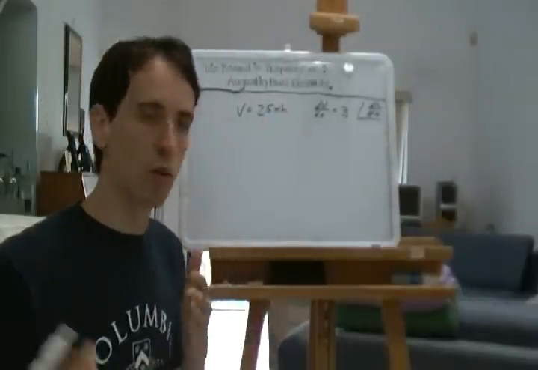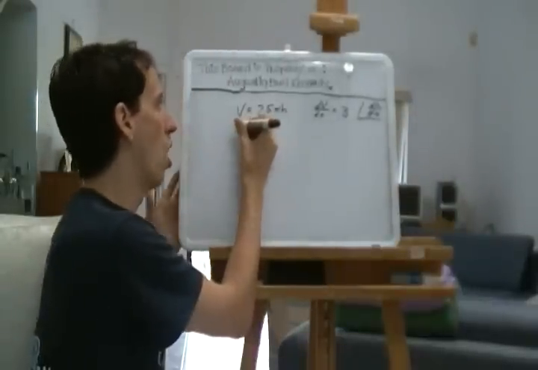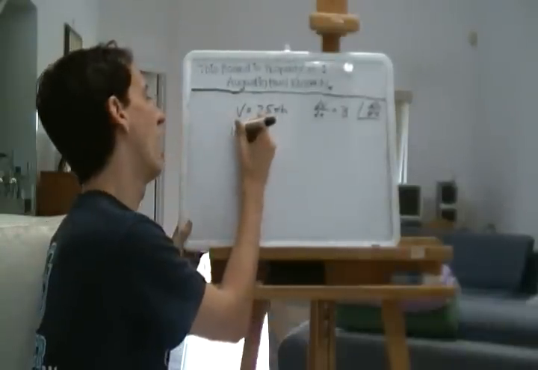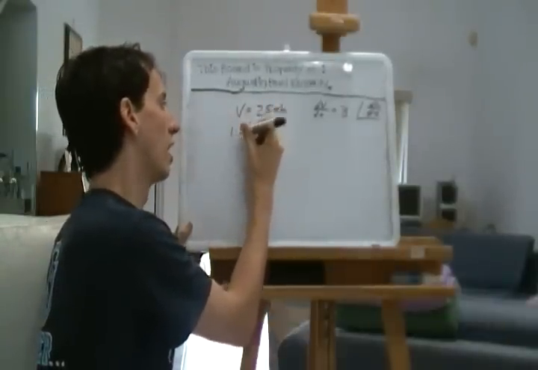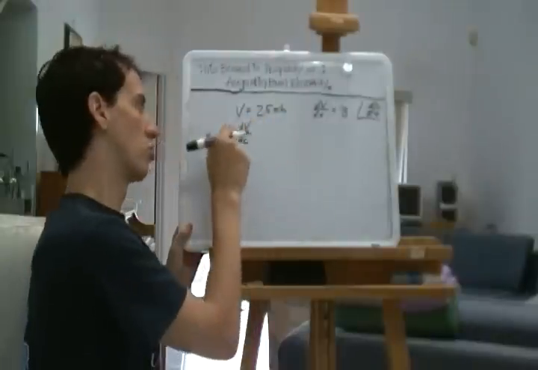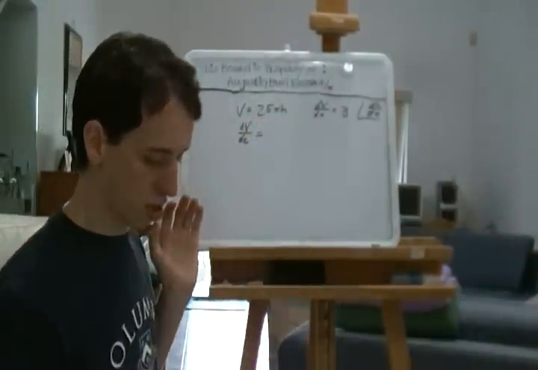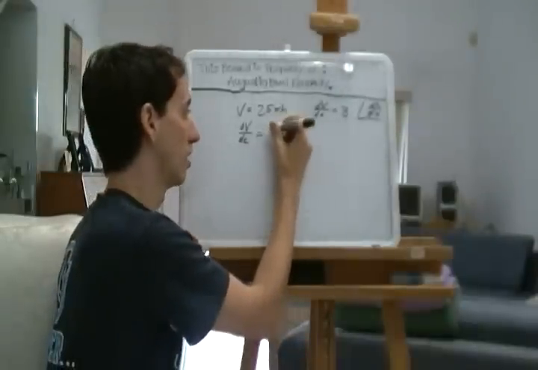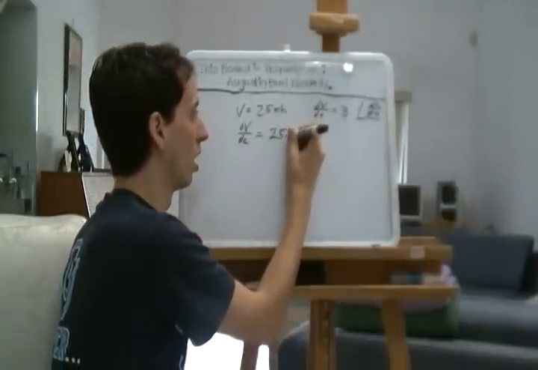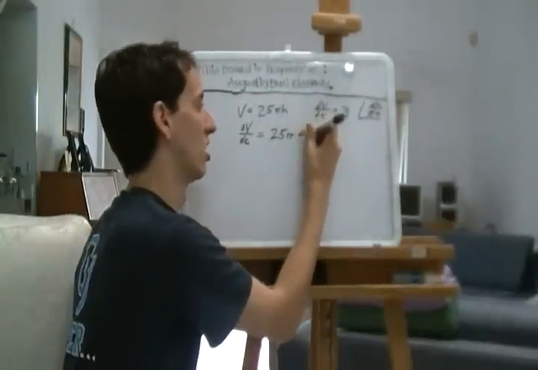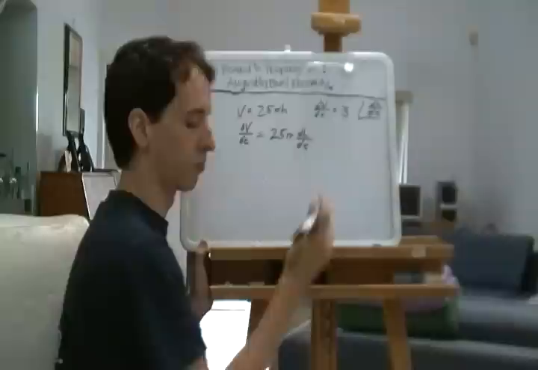So V, the derivative of V, is just 1. But since we're differentiating with respect to time, it's 1 times dV dt. I'll just write dV dt equals 25 pi, that constant, times, you got it, dH dt.